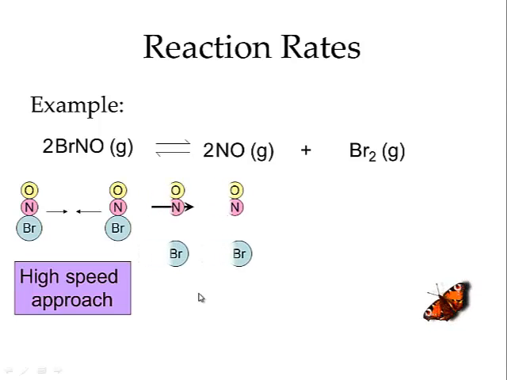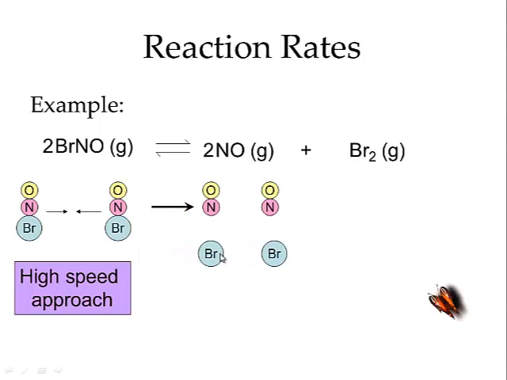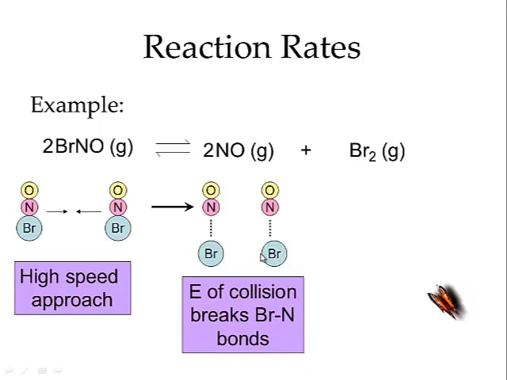If there's enough energy in that collision, the bonds between the bromine and the nitrogen will start to break, and as a result, that gives a chance for the bond between the bromines to start to form.